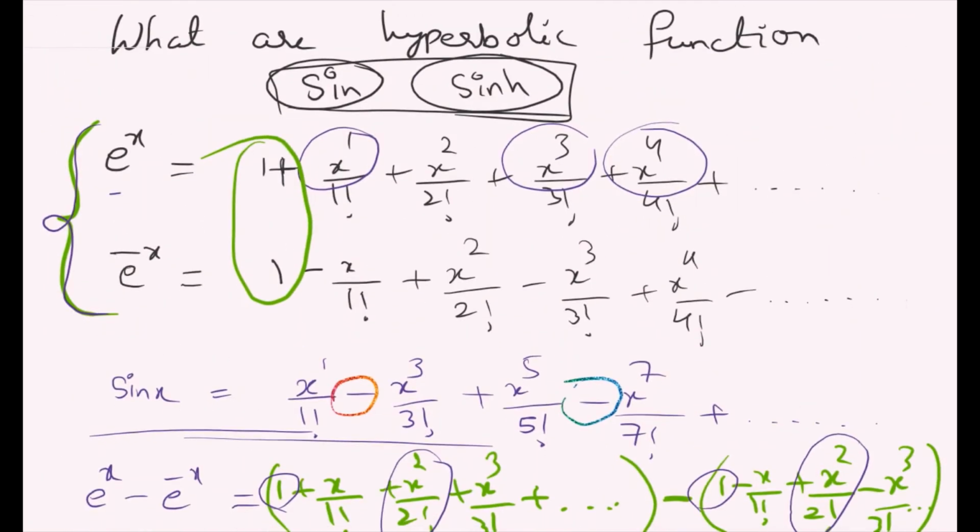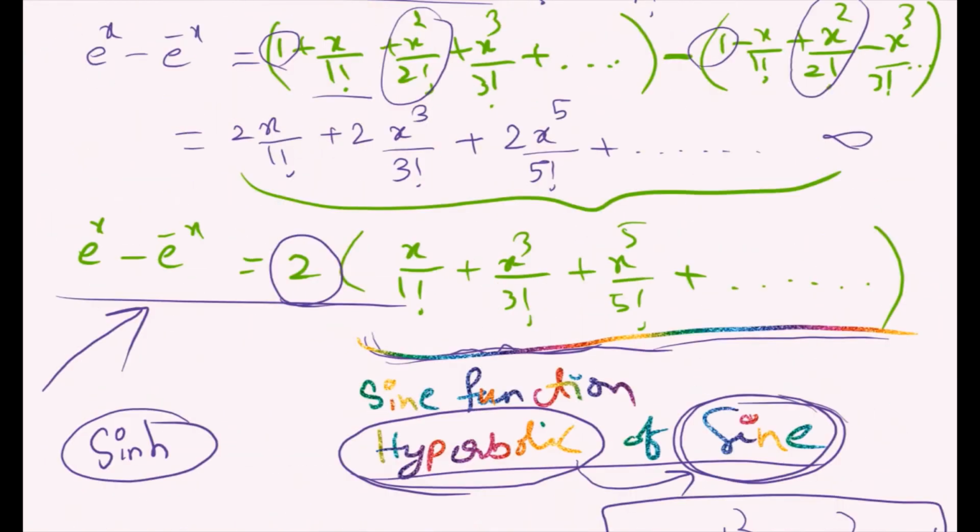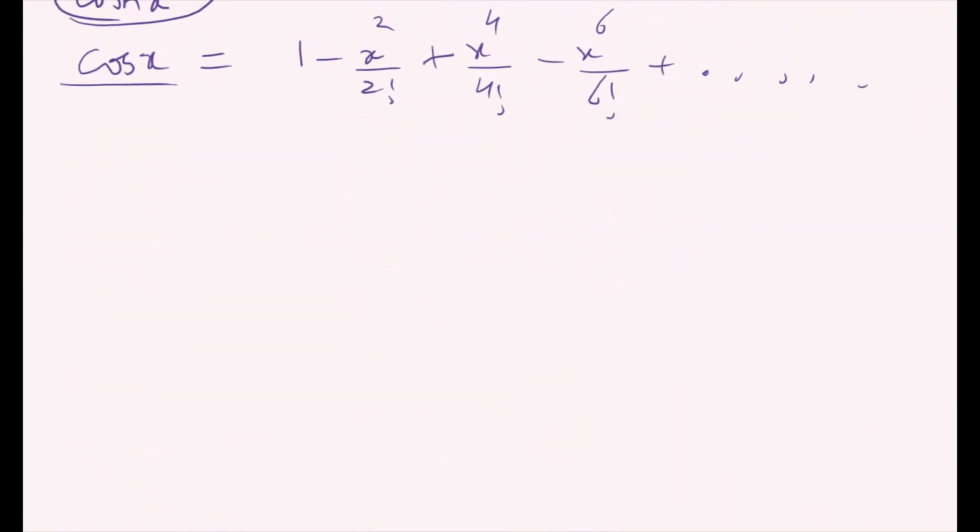If I add e power x and e power minus x, I get 1 plus 1, 2, the x terms cancel out, the x square terms become 2 times x square by 2 factorial, and the odd terms get 0. In that way I can write the expansion.